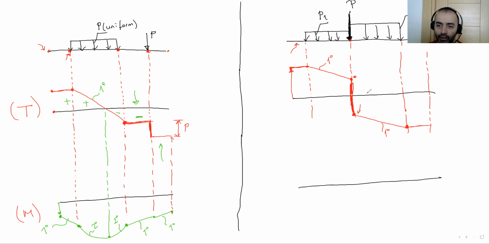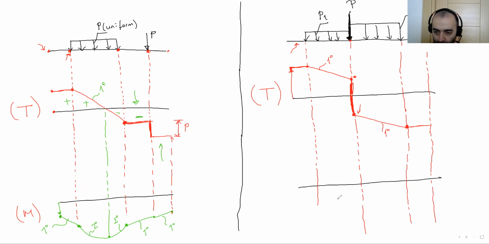Okay, if we draw the moment, this is the shear force diagram. Let's transfer the critical points to the moment diagram. Okay, I'm gonna change color. Yes. Let's say start moment is this.